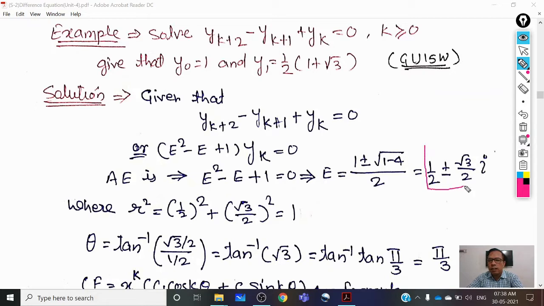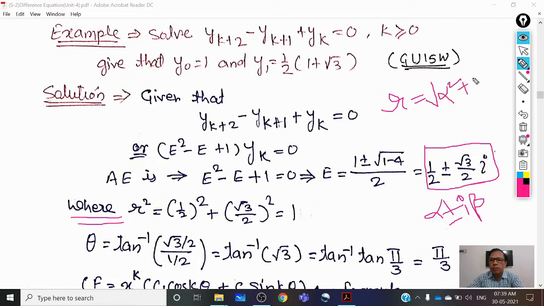This is the α ± iβ type root. So we know that r = √(α² + β²) and θ = tan⁻¹(β/α).